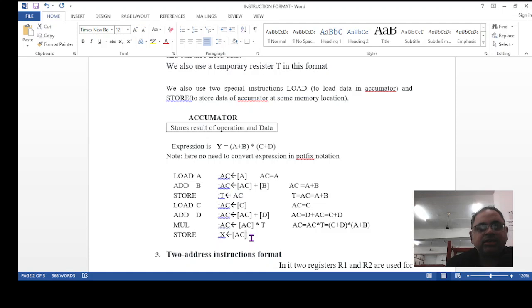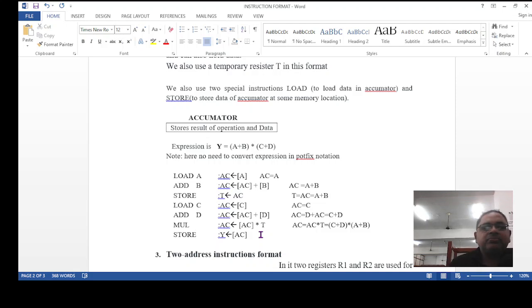So the content of accumulator will be stored at a register X, or as in this question, register Y. So this is the entire explanation of the one address instruction format.